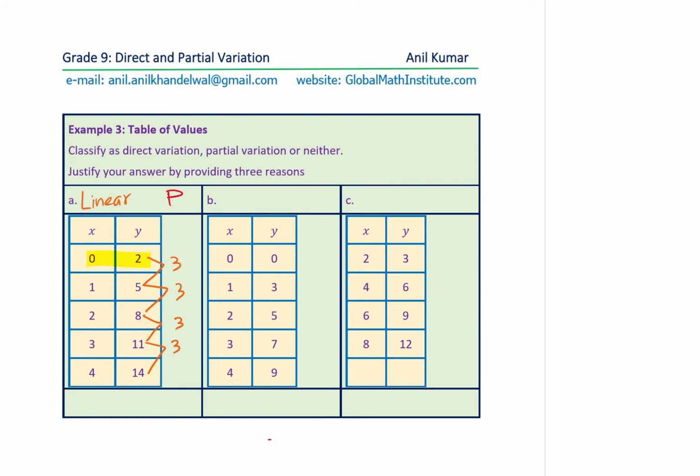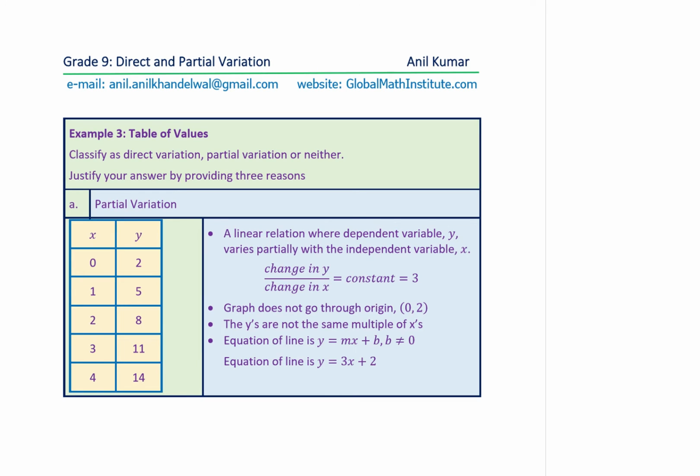Perfect. Now here's our solution. So the first one I did for you, it is a partial variation. What did we find? We find that the first difference is constant and it is equal to 3 in each given case. And we also found that at 0, the value of y is 2.